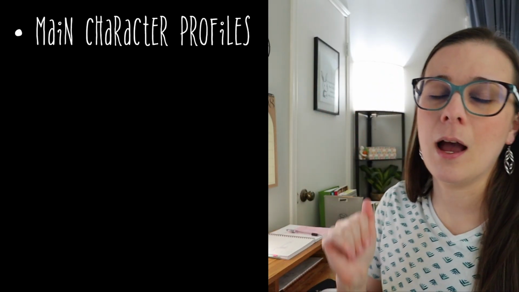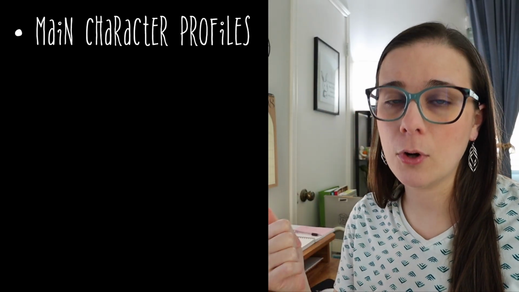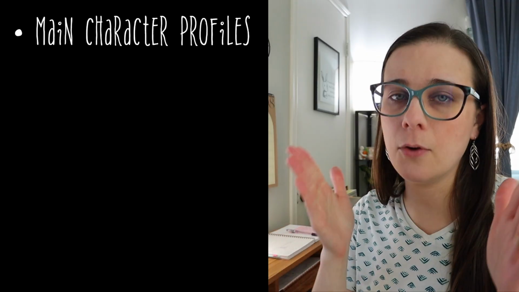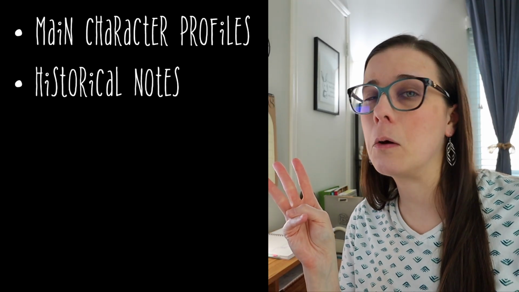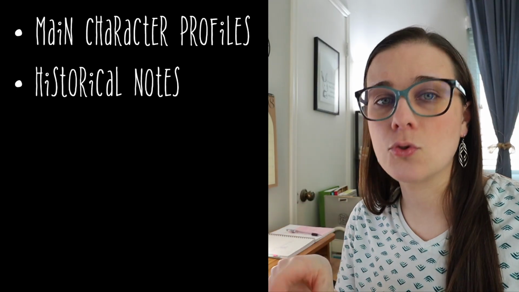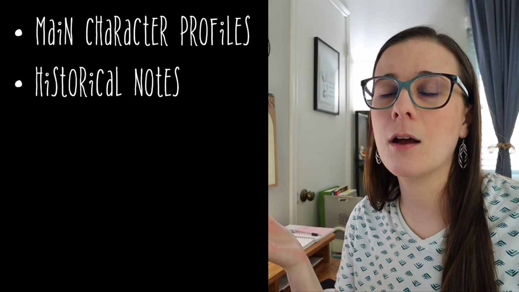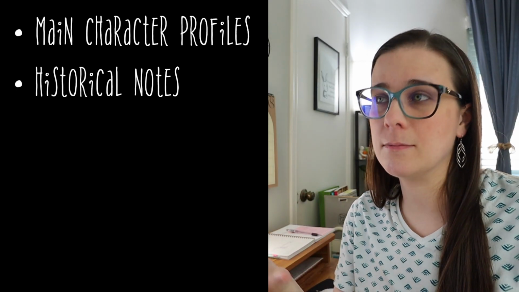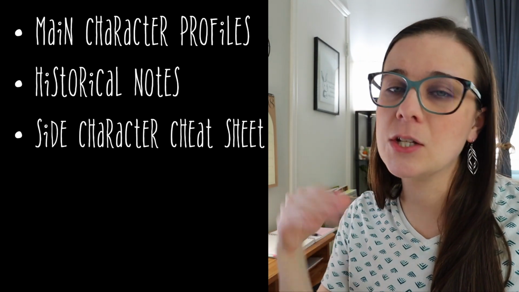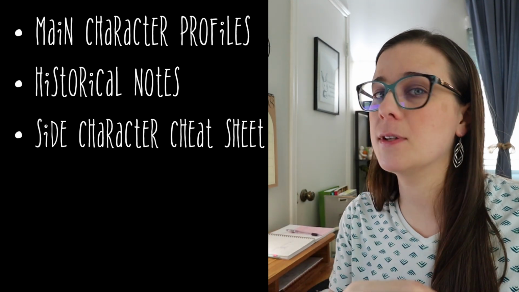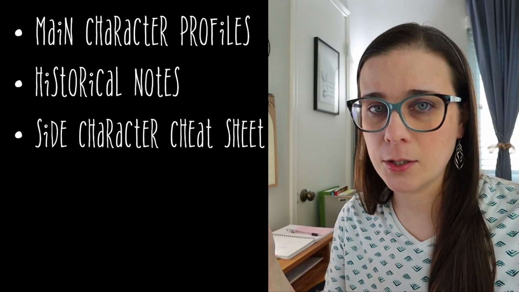So I've got all of these pieces here. I've got a single page character profile for each of my main characters. I have a page and a quarter of some historical details that I think need to be shared in order for the story to make sense. I have a one-page character cheat sheet for all of the side characters. I have a bunch of side characters in this story.